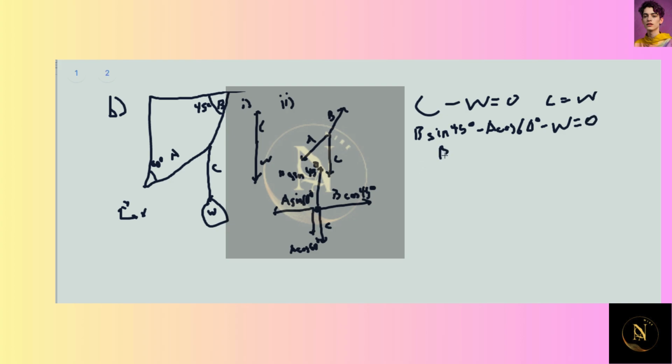So B sine 45 degrees minus A cosine of 60 degrees is equal to W. Then in another equation, we have B cosine of 45 degrees as the positive part, and the negative part of that is A sine of 60 degrees, and that would all be equal to 0.